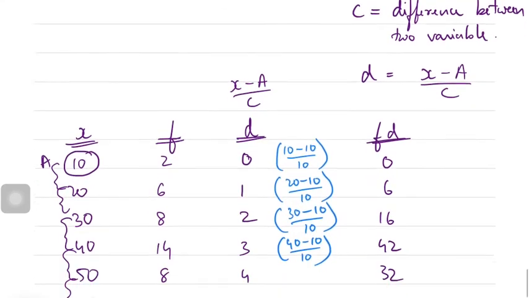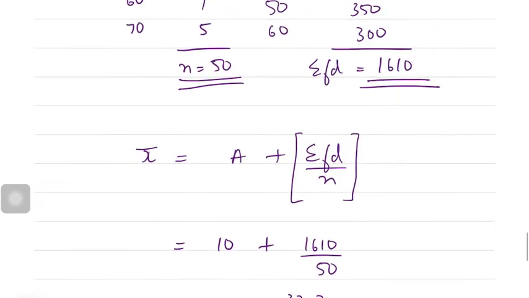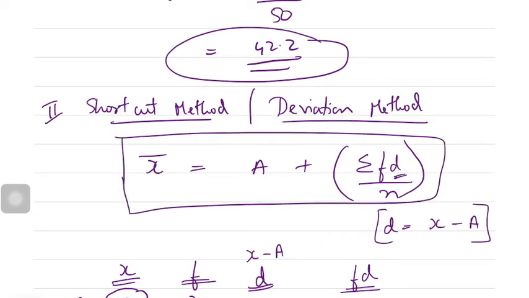If you think remembering all the formulas is very difficult, you can just remember one formula. Remember only the deviation method formula, and for all the problems you can use it, because deviation method can be used in any problem. If the differences are the same, you can use deviation method, and if the difference varies, still you can use it.